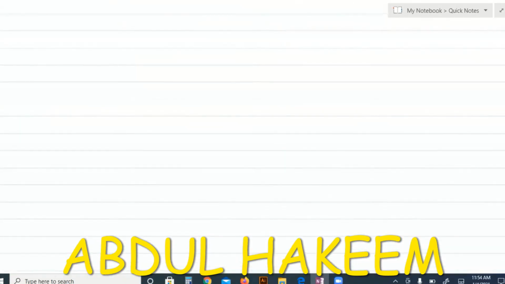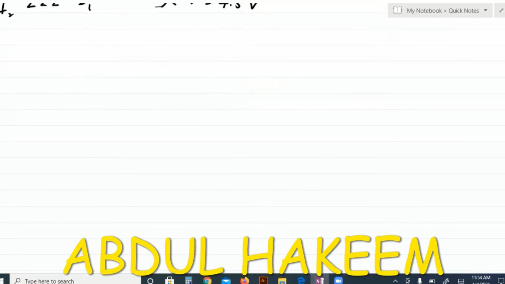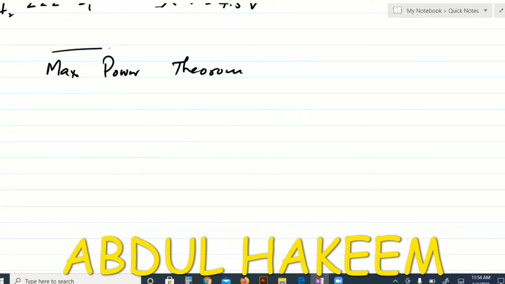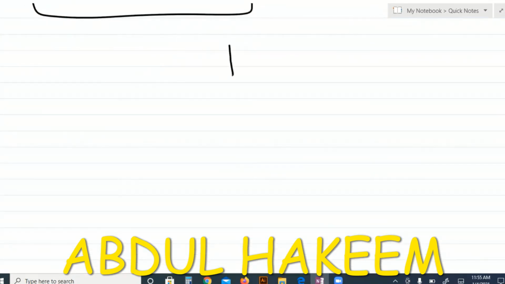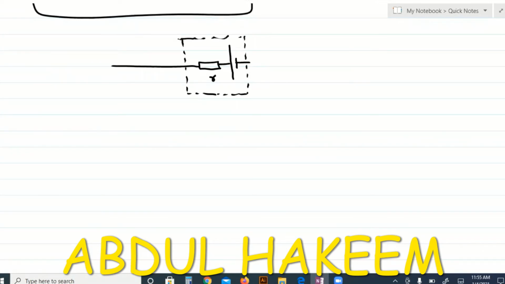Now, same chapter. And the next topic is the maximum power theorem. Suppose we have an electric circuit, a DC circuit. This cell has internal resistance small r, and the internal resistor is always shown in the dotted box along with the cell, because this is not visible.